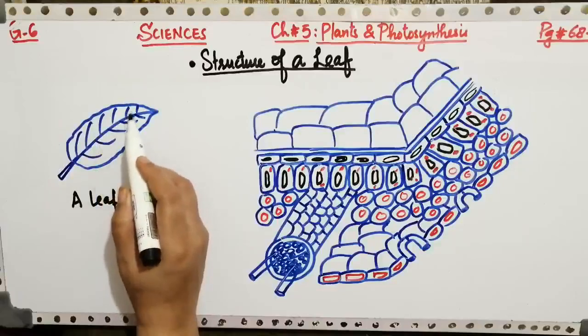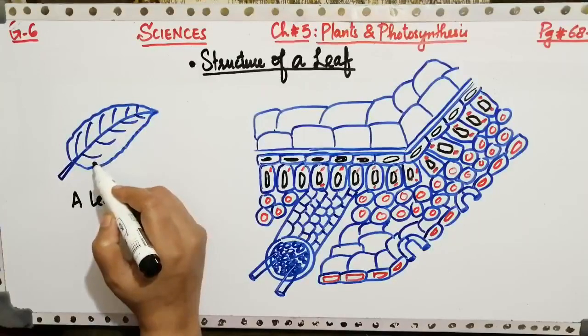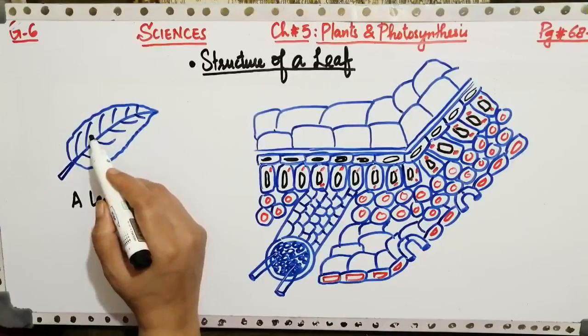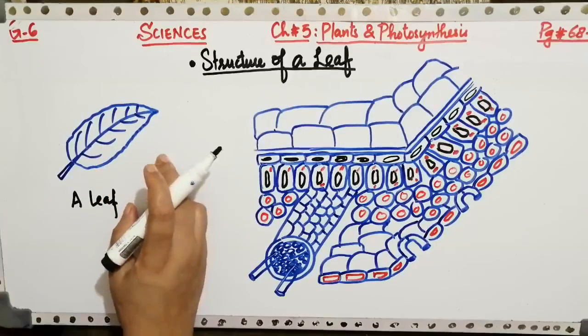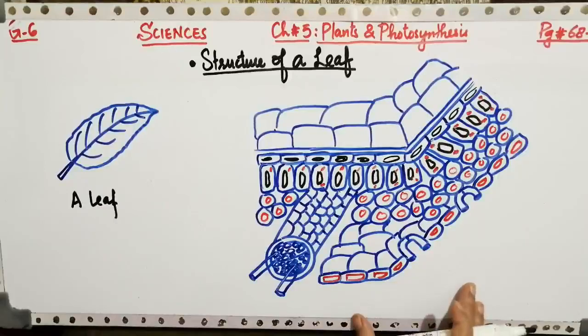Along this midrib there are some branches arising, called veins.